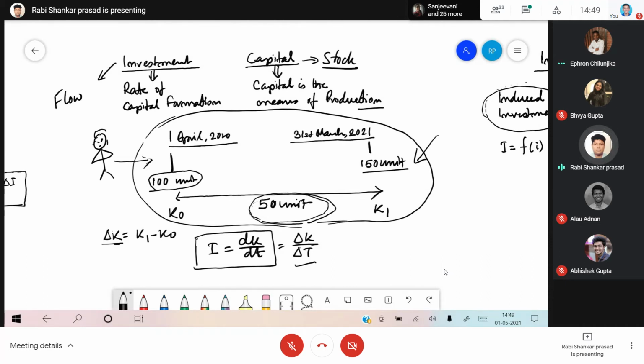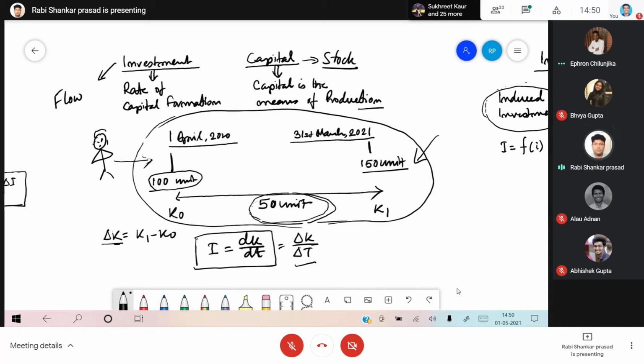Yes, sir. During 1 year, the 50 more units of machines you added in your plant means you purchased and installed them. Machine is also capital. I'm not denying that. But the concept is that during 1 year, the 50 more units of capital you added means you formed in your plant.